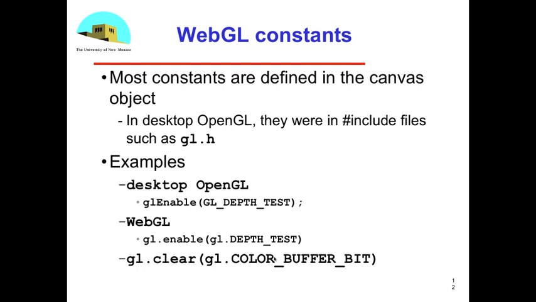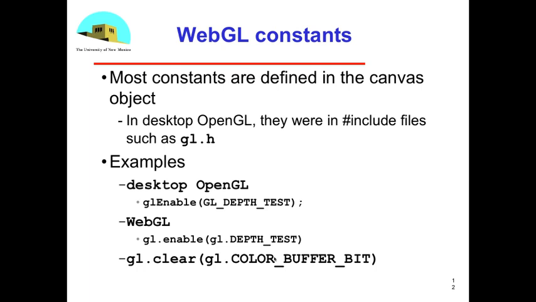Okay. Now, there's a lot of constants in OpenGL and WebGL. In desktop OpenGL, we put a whole bunch of them in a file generally called gl.h or glut.h that's included. Rather than use magic numbers, all of these constants are given names that go in include files. In WebGL, they're placed inside of the GL object.